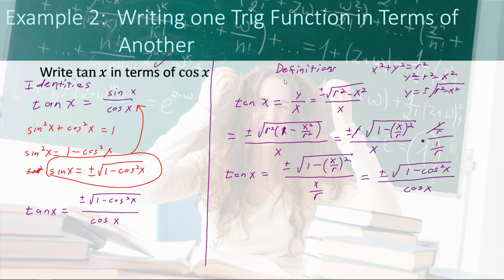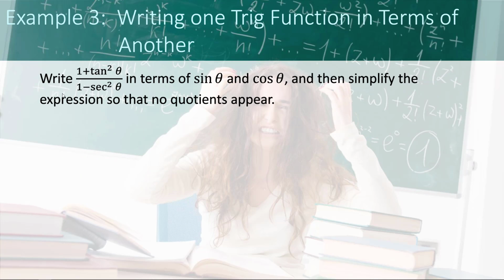Okay, this brings us to another problem, and it is this one. Here, we want to write 1 plus tangent squared theta over 1 minus secant squared theta in terms of sine and cosine, and then simplify them so that no quotients appear. So the first thing is to write them in terms of sine and cosine. And once we've done that, we want to simplify them so that there are no quotients. Now, sometimes to do the simplification, we are going to write our final answer not in terms of sine and cosine, but in terms of something else.